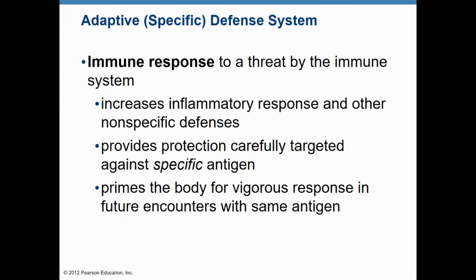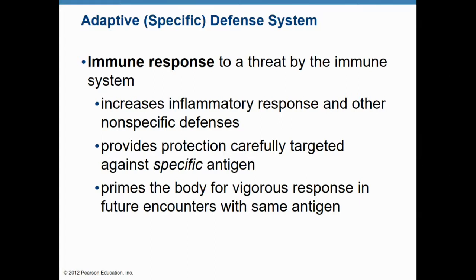Now, our third line of defense is what we call the immune response. And the immune response is actually going to have several different parameters. It's going to increase the inflammatory response and all of our other non-specific defenses. So it makes our phagocytes extra aggressive.